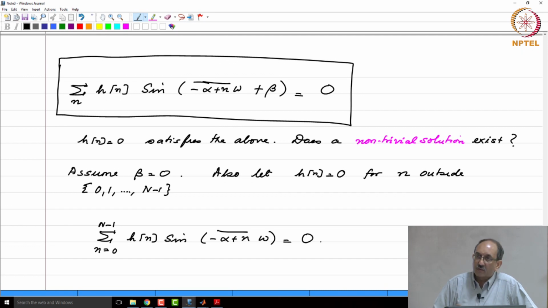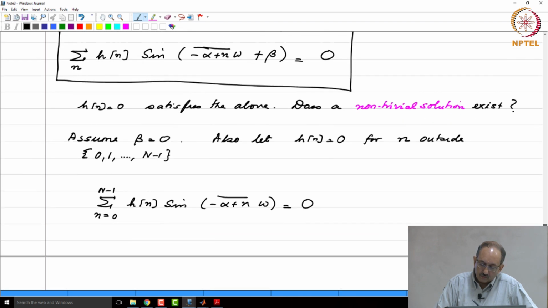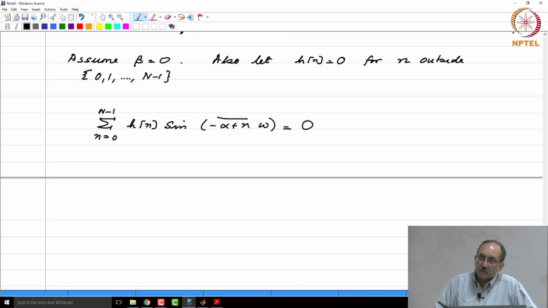So, this is the simplified version of the problem. Now we want to see whether some headway can be made.